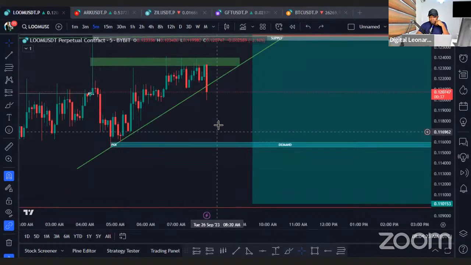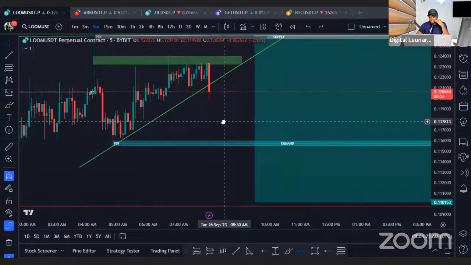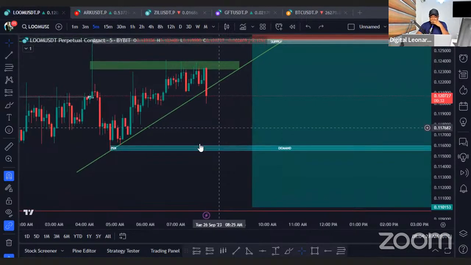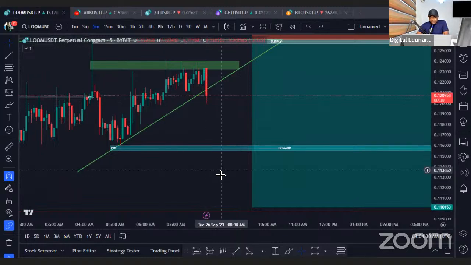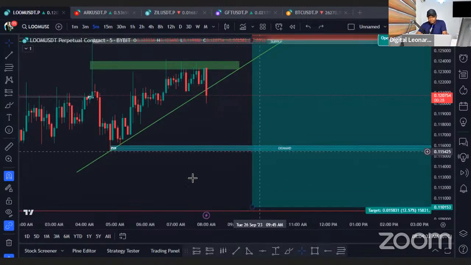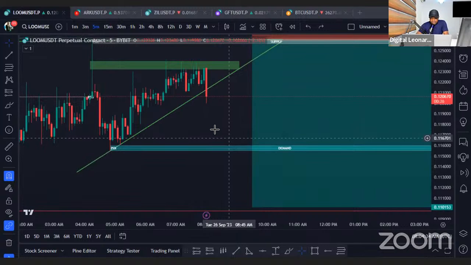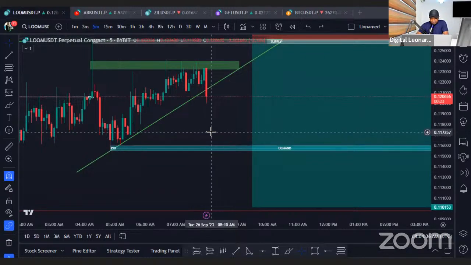So Loom, 35, 34, 33 seconds. Let's see how this 5 minutes candle closes and stuff like that.